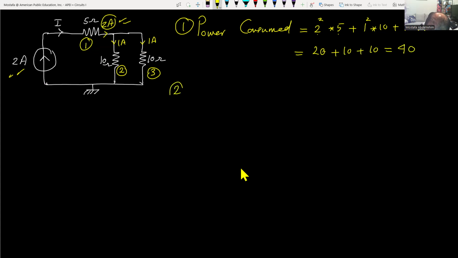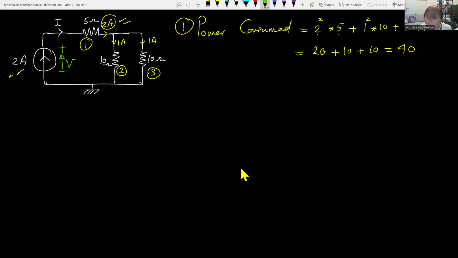Number 2, power generated. For the power generated, we have to find the voltage first. So for the current source, we're gonna assume the voltage is in the same direction as the current. This is easy to find.